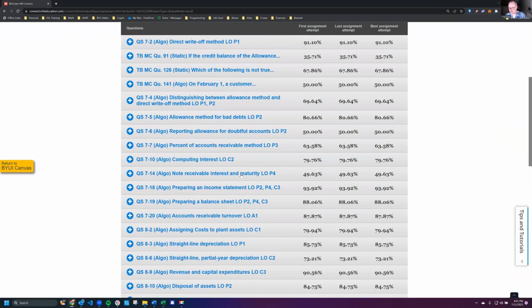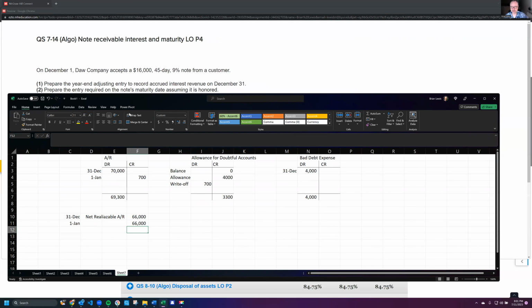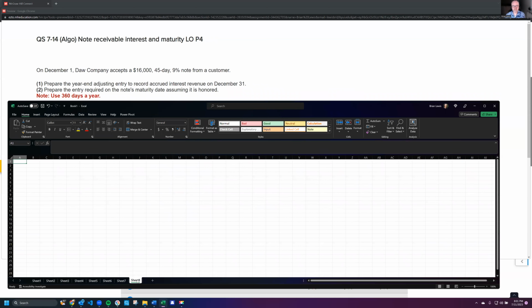Note receivable interest and maturity. Let's look at this one and pull up the Excel thing. Okay. So we use 360 days a year. So on December 1, the company accepts a 16,000 45-day 9% note from a customer. Prepare the year-end adjusting entry to record accrued interest revenue.